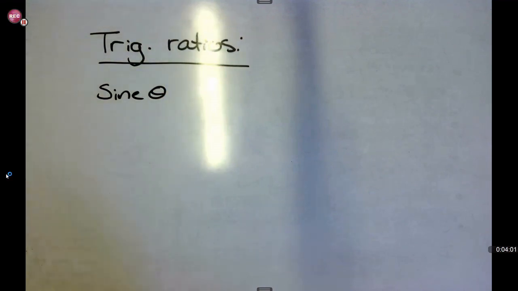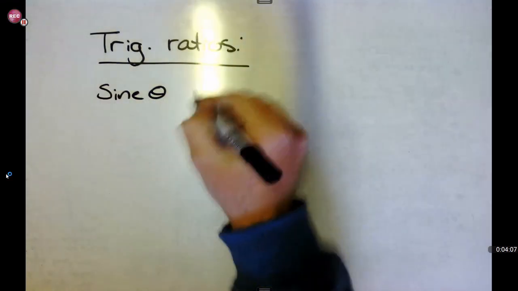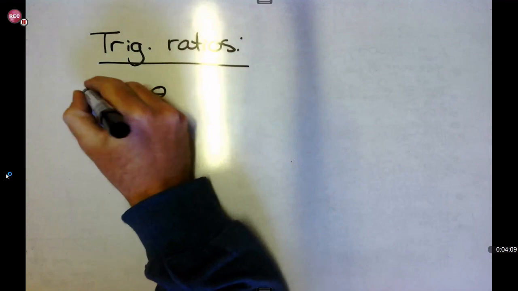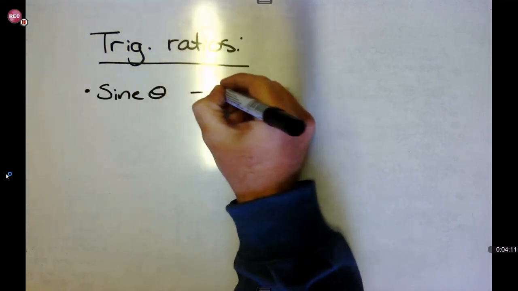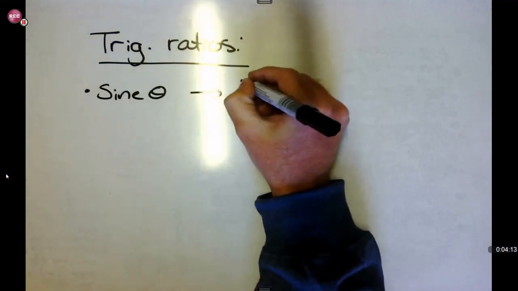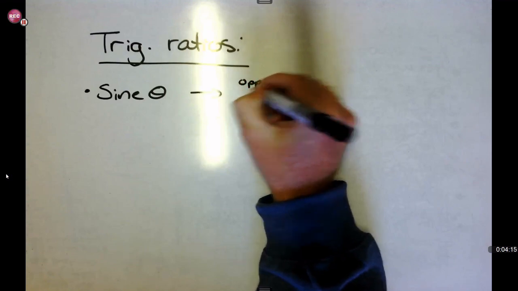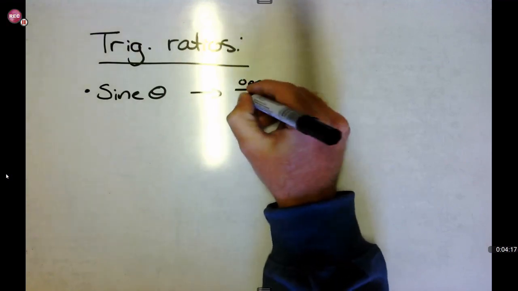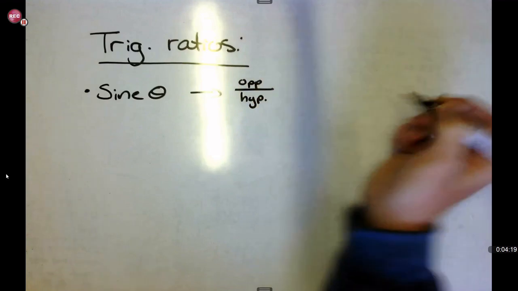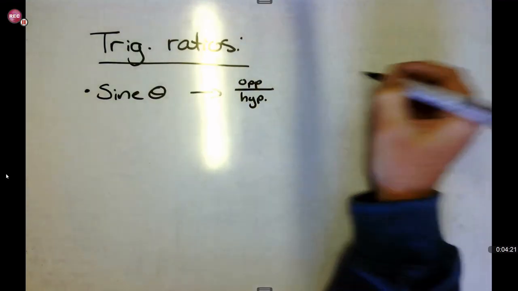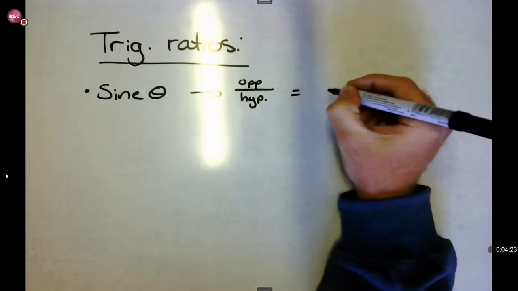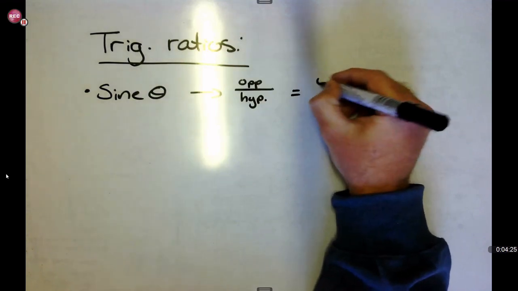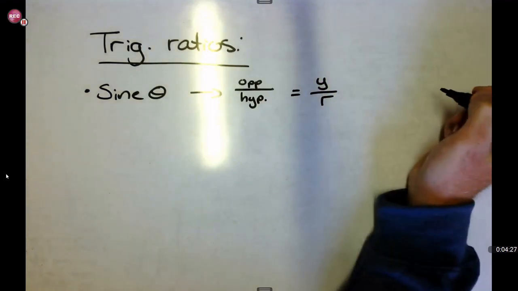Obviously you know that you're going to work with theta, beta, alpha, etc. So for sine theta, it will be the following. It is always opposite over the hypotenuse. Opposite over the hypotenuse, which in other words would then be y over r.